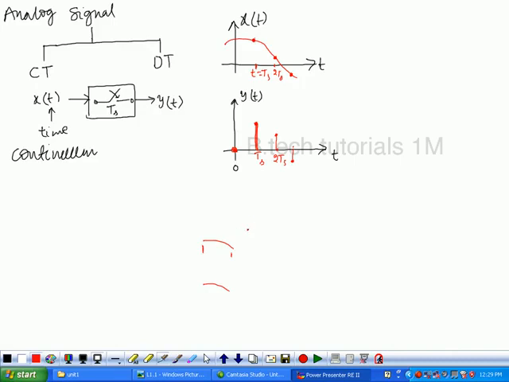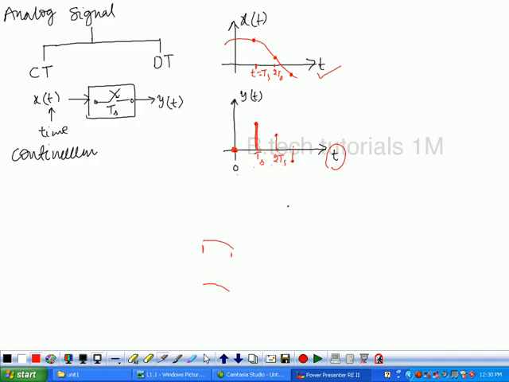Now, if you observe this, here the independent variable t is taking all possible values. But here t is taking 0, Ts, 2Ts, and so on. See, in between 0 and Ts, what is the value of the output? That is 0. So here, this particular independent variable t is taking only a discrete set of values.